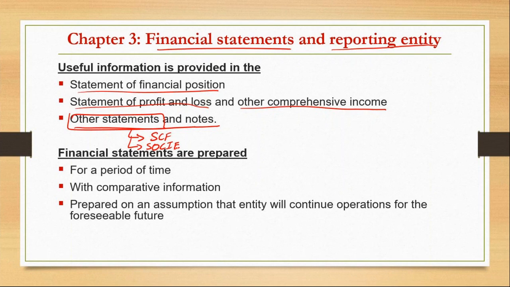Yes, Cindy, I remember this now. So according to the framework, the useful information is provided where? In the balance sheet, in the income statement, and other statements and notes. By notes, we mean the disclosures.